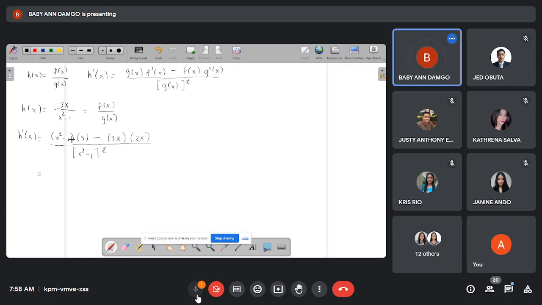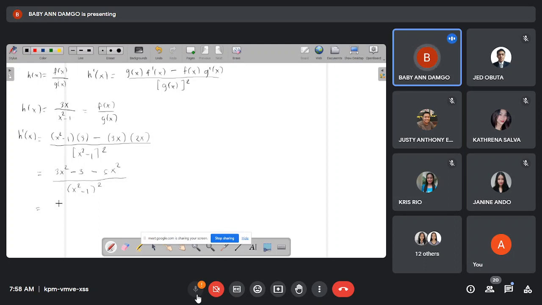Okay, next, i-simplify na to. Okay, so this is 3x squared minus 3. So, 3 times x squared minus 3x squared. And then minus 1 times 3, this is negative 3. And then, so this is minus, so 3x times 2x, this is 6x squared all over x squared minus 1 to the power of 2. Okay, so simplify.